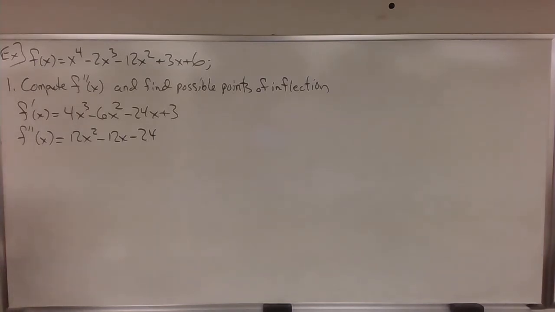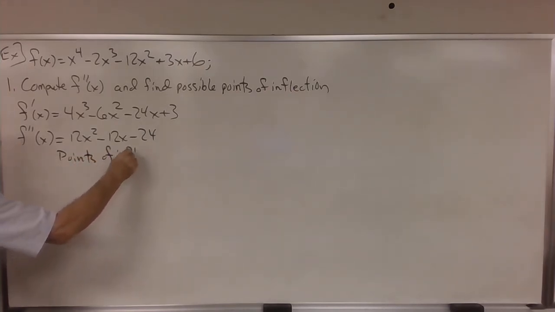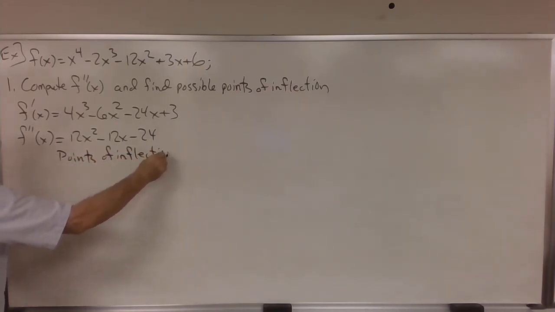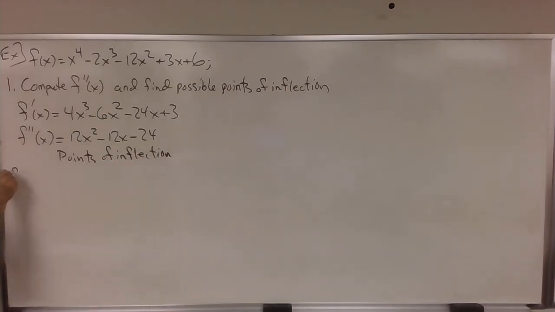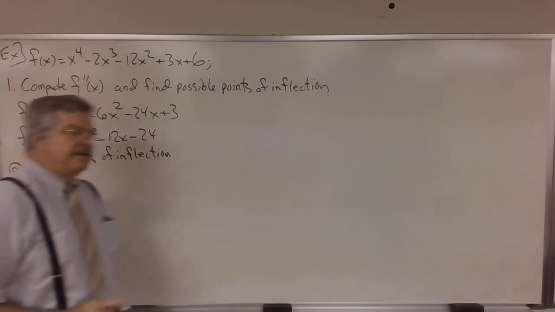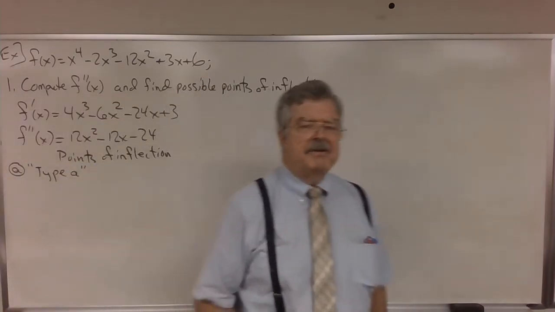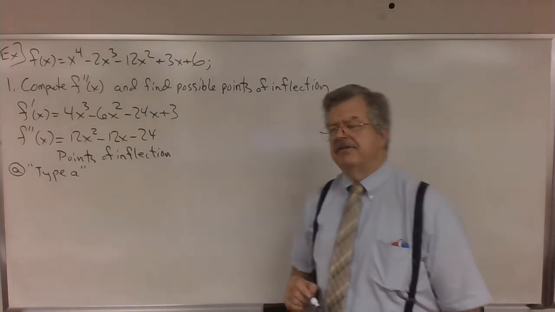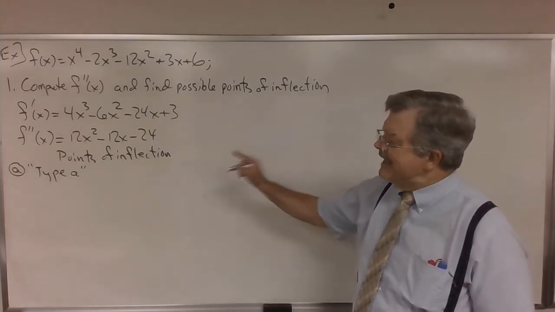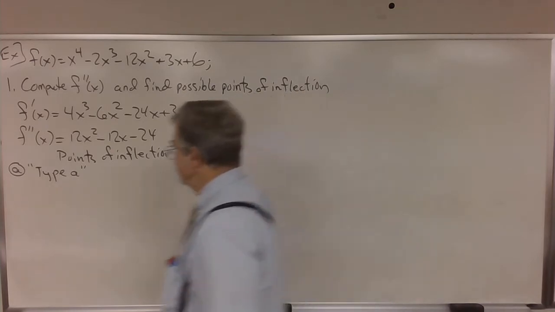And we're going to look for points of inflection. The identifying characteristic of a type A point of inflection is that the second derivative is 0.